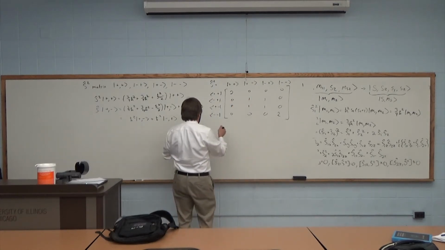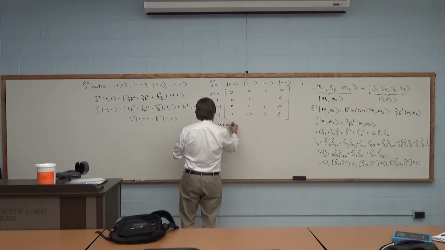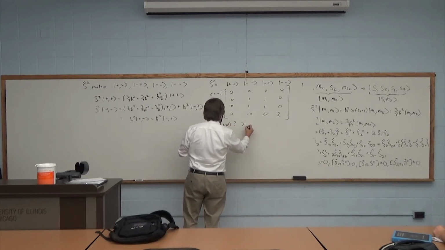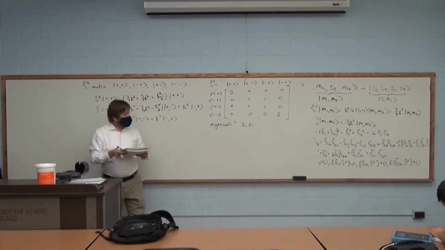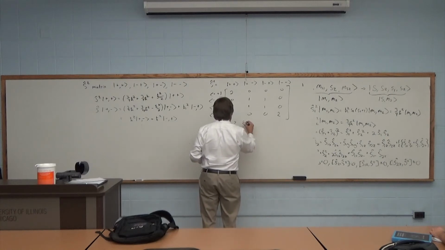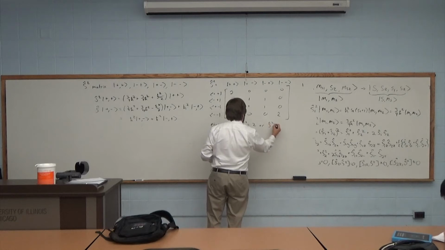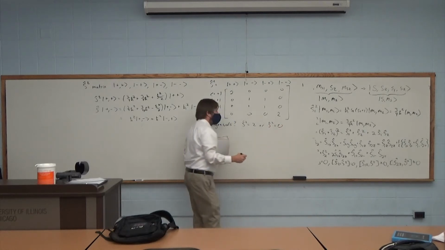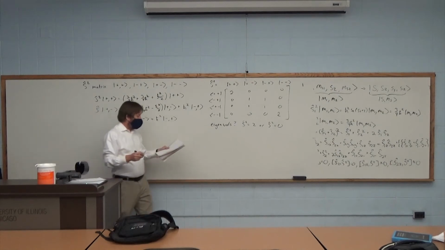It's as complicated as this. You set this up in MATLAB, and what are the eigenvalues? The eigenvalues are 2 and 0. Do that with MATLAB. Of course, that means S squared is 2 or, let's see, does that make sense? Okay.